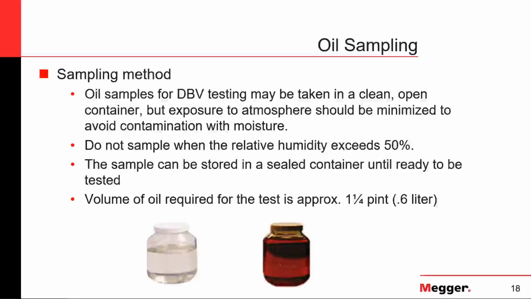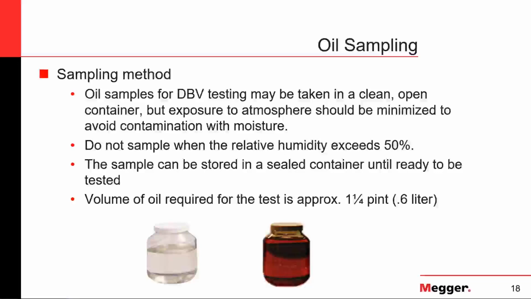If the relative humidity exceeds 50%, then it's not advisable to take the samples. Of course, we can take the samples, but if the relative humidity is above that 50% threshold, there's a high risk that we're going to get our samples contaminated with moisture from the ambient air.